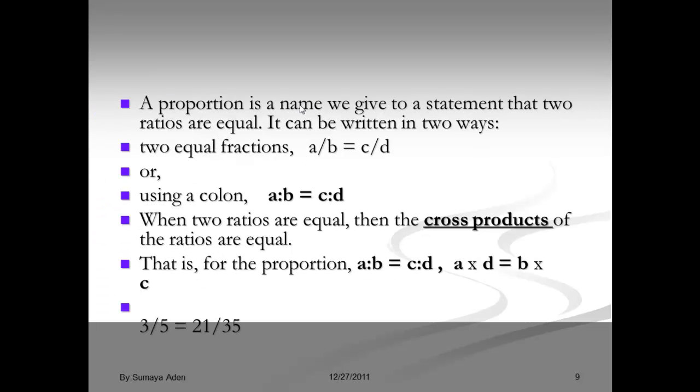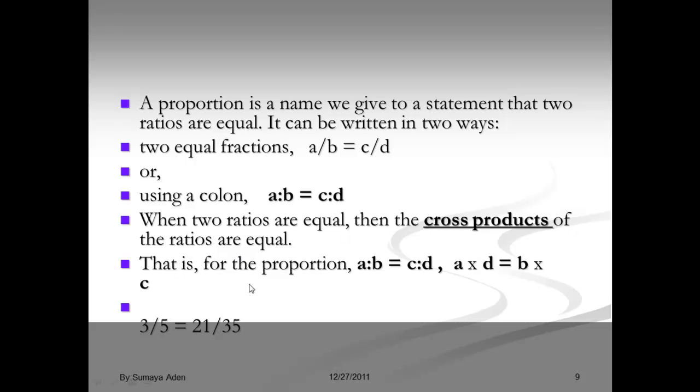A proportion is a name we give to a statement that two ratios are equal. It can be written in two ways: two equal fractions, A over B equals C over D, or using colons, A to B equals C to D. When two ratios are equal, then the cross products of the ratios are equal.